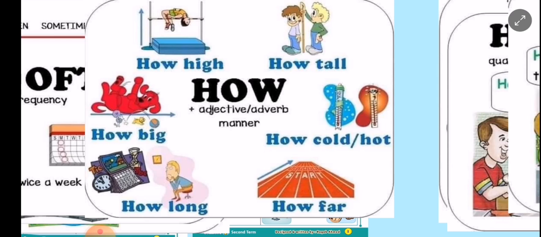How far is it from your school to home or from home to school? How tall are you? I am 1 meter or 2 meters and 10 centimeters, for example. How high is it? How big is it? It is large, and so on. How long? It is, for example, 2 centimeters. How cold? How hot? This is the degree of weather.